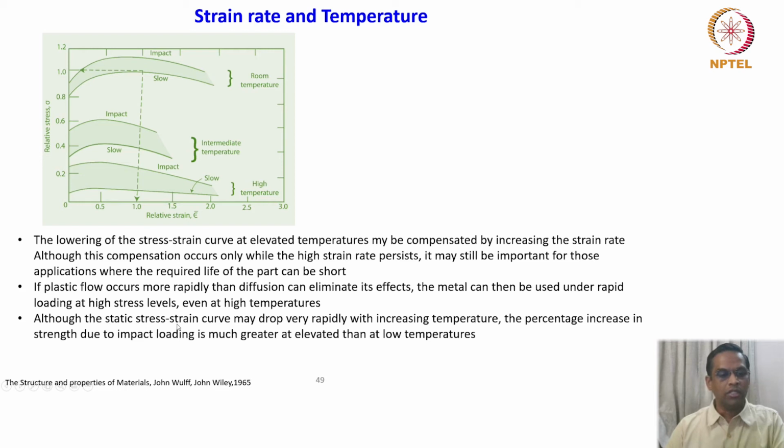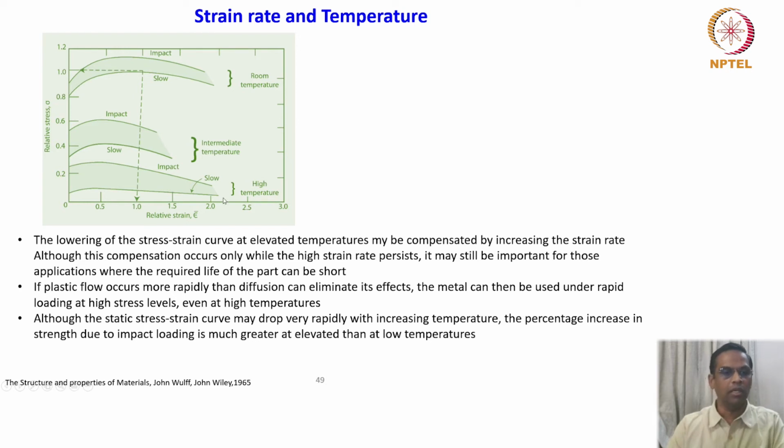Although the static stress strain curve may drop very rapidly with increasing temperature, the percentage increase in strength due to impact loading is much greater at elevated temperature than at low temperatures. So that is what's shown here. Okay, the percentage increase in strength due to impact is much greater at elevated temperature than at low temperature.